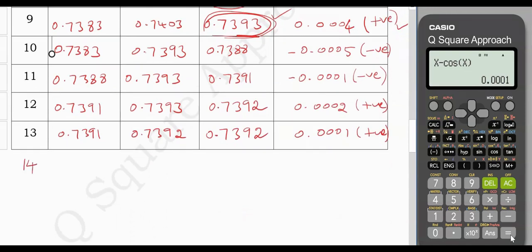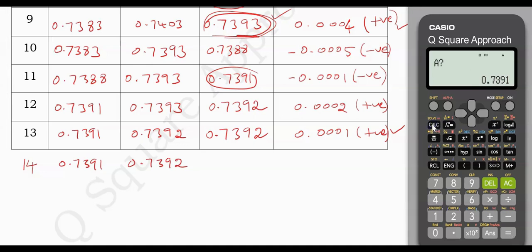So in the 14th approximation, the current value is positive and the negative value occurs at 0.7391. So in the 14th approximation, 0.7391, 0.7392.